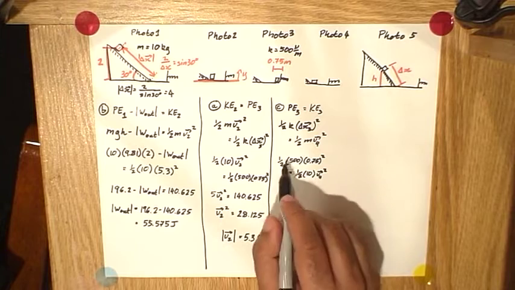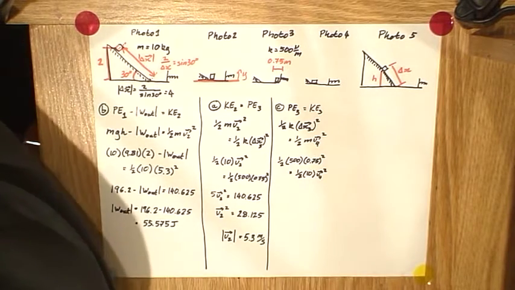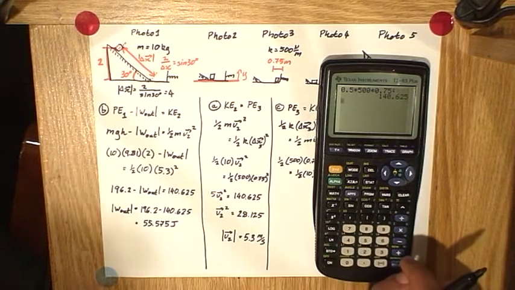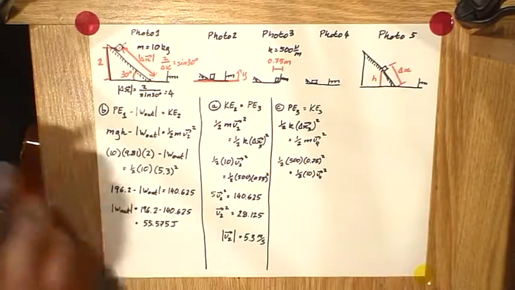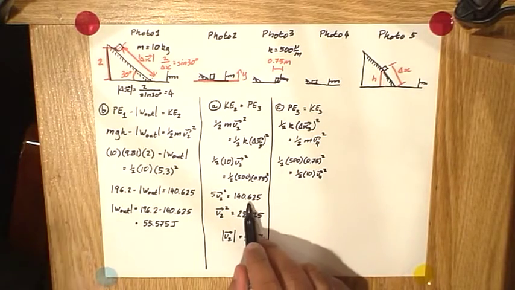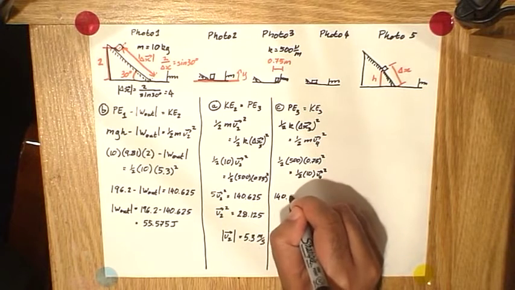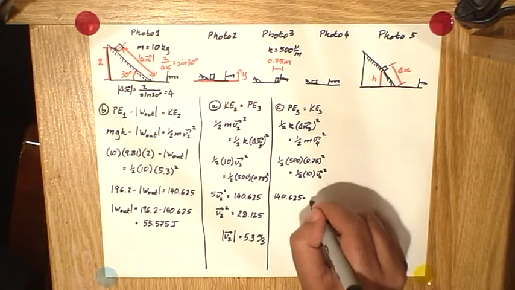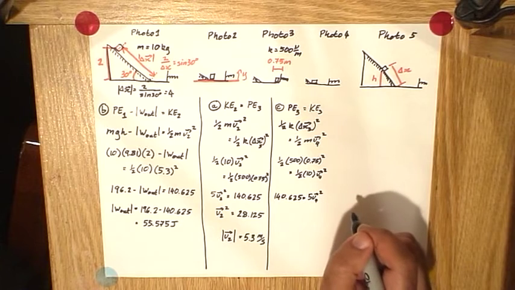Let's simplify all of this. Half times 500 times 0.75 squared is 140.625. That's interesting. Didn't we see this number before? Yeah, we had already calculated this. So now we have 140.625 equals half of 10 times v4 squared, which is 5 v4 squared.